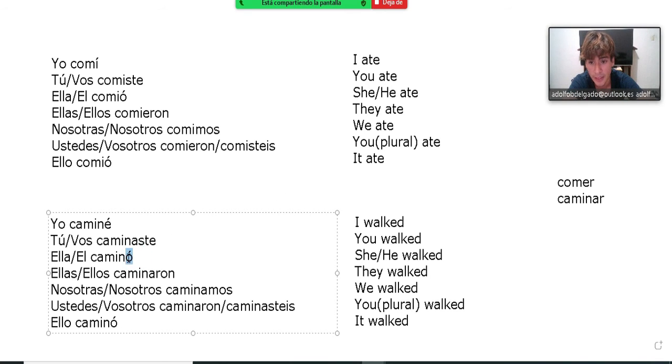Listen. Here we have an accent mark. In Spanish we call it tilde or acento. I really recommend that you learn how to use the accent marks. I will make a video about accent marks, but really there are two types of people when it comes to them.